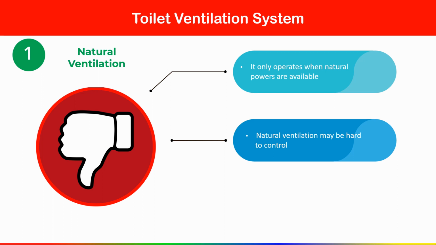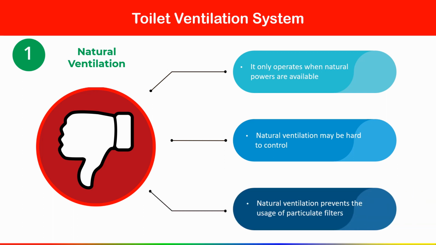But in case of natural ventilation system, we cannot control the air, because it is natural. Here we are not using any fan or all this thing to circulate the air, na? Third disadvantage is natural ventilation prevents the usage of particulates filter. Okay, so these are the disadvantages of using natural ventilation system.